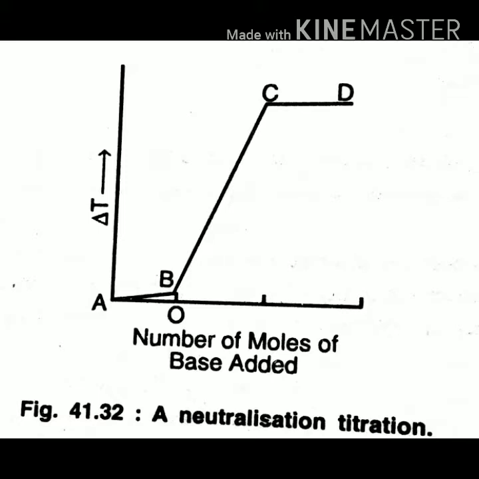In complexometric titrations, we determine the concentration of metal ions. Metal ions form a complex with EDTA. In complexometric titrations we use EDTA, and in neutralization titration we use acid or base. The complex forms between EDTA as a ligand and the metal ions. All estimation of metal ions comes under the complexometric titrations.